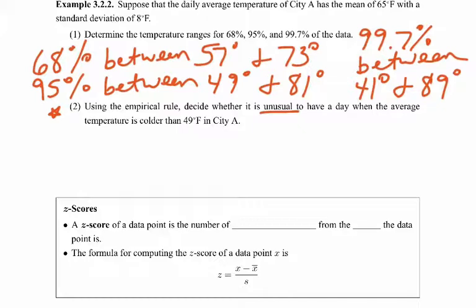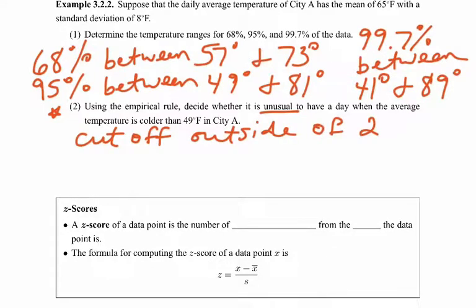Well, our cutoff for what's considered unusual is anything outside of 2 standard deviations. That's just a general rule because 95% of the data is within 2 standard deviations. So statisticians usually use 2 standard deviations as a cutoff when we're looking at a symmetric distribution for what's unusual.